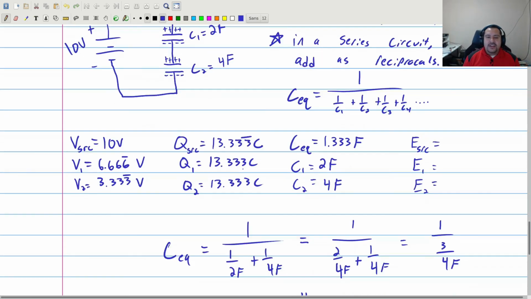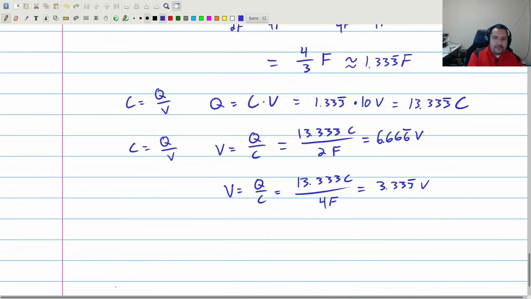So let's start with E of the source. E equals 1/2 CV squared.